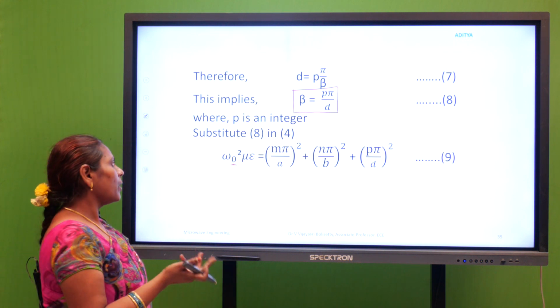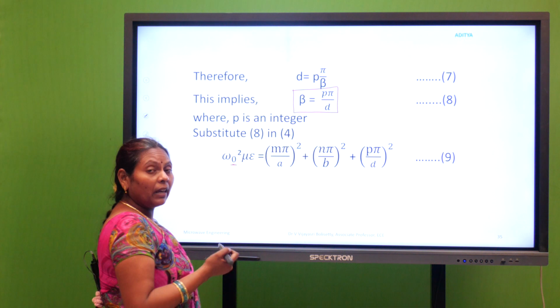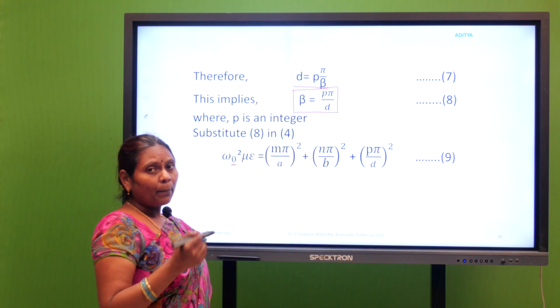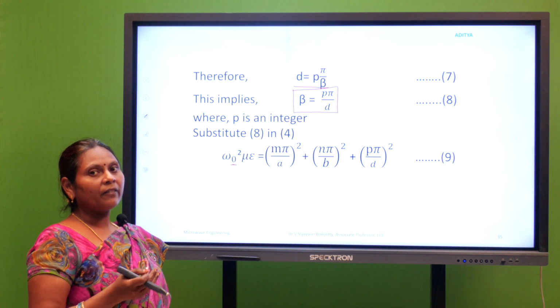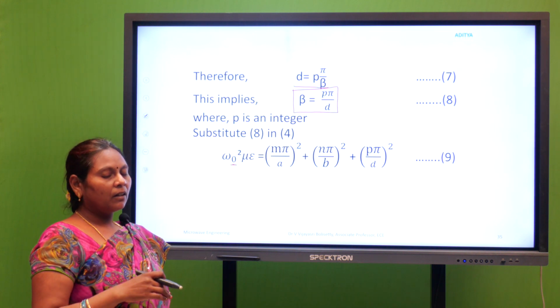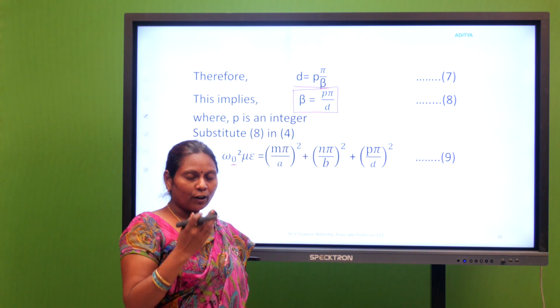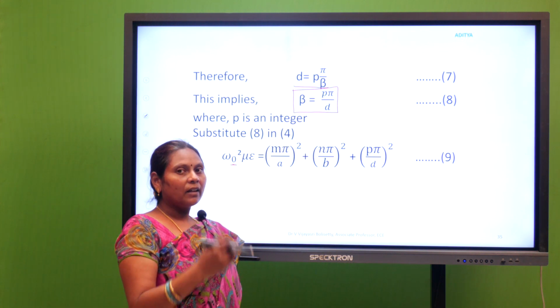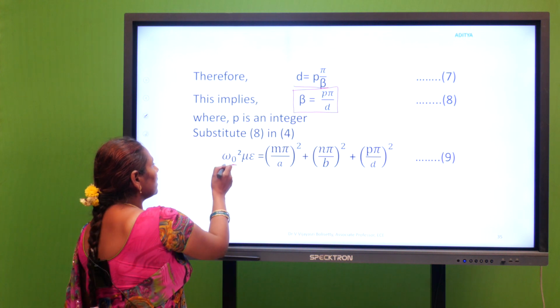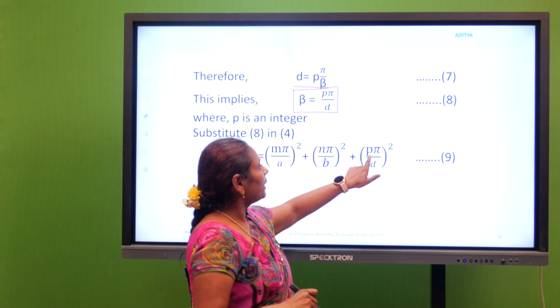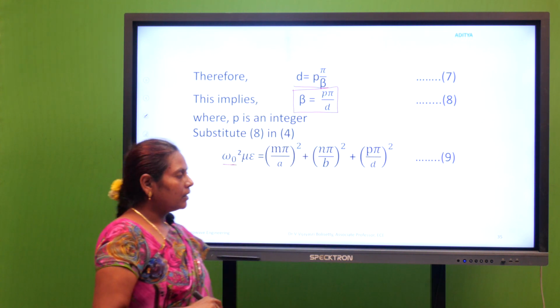Why? When the distance is multiples of lambda g by 2, automatically the frequency that is produced is a resonant frequency, because we get the standing waves moving back and forth and hence producing resonance. So, we are replacing omega as omega naught while substituting beta is equal to p pi by d.